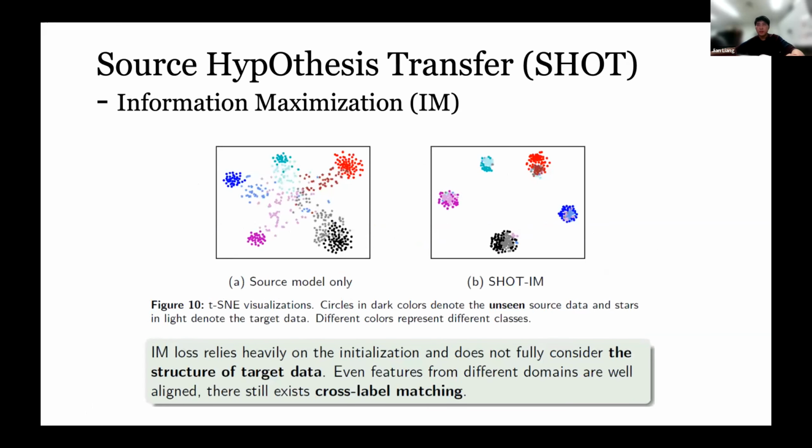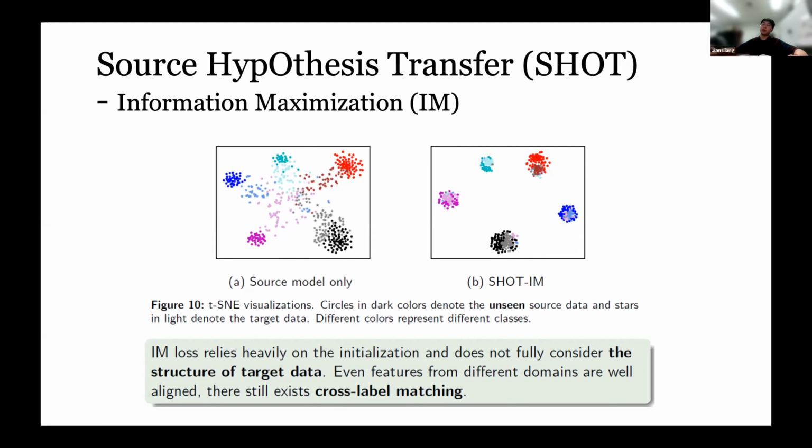Through the optimization of the information maximization loss, we can find the target features. In figure A, the bright ones are the source features, and the shallow ones are the target features. Before any adaptation, these features are just confused with each other, so it is hard to recognize which class each belongs to.